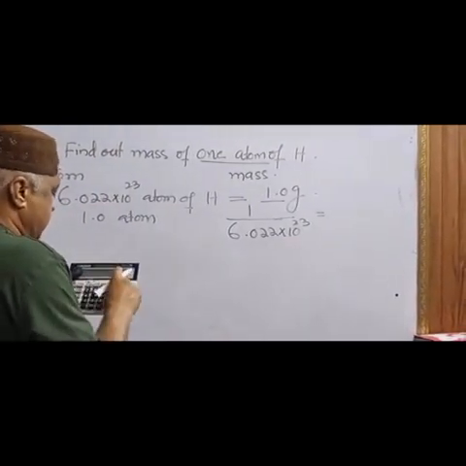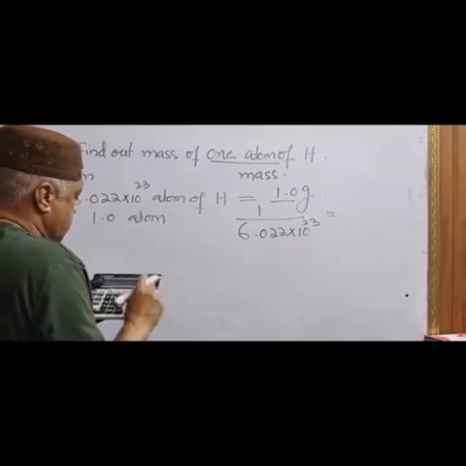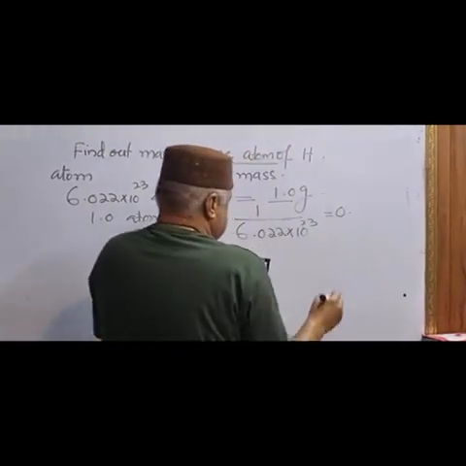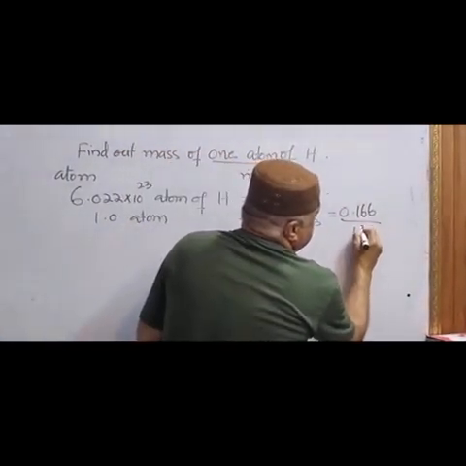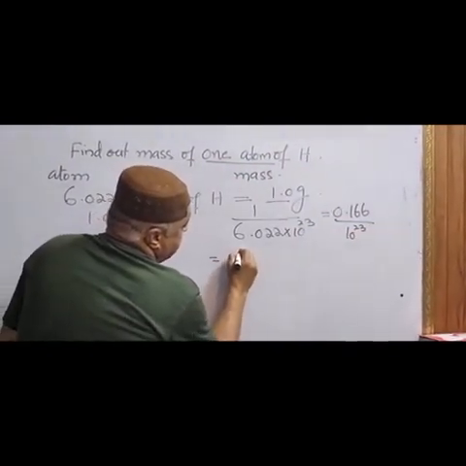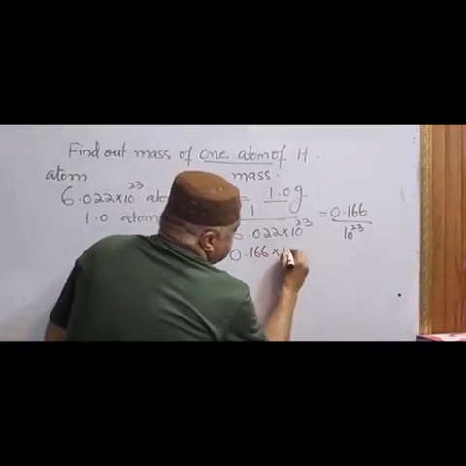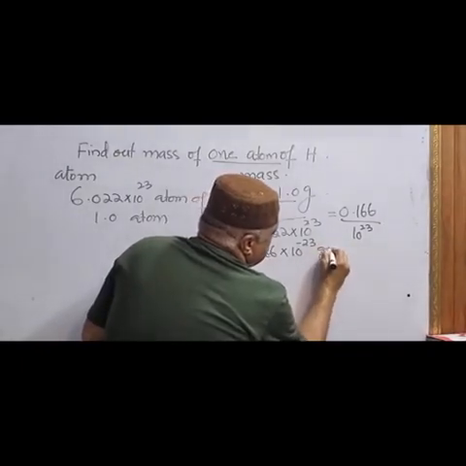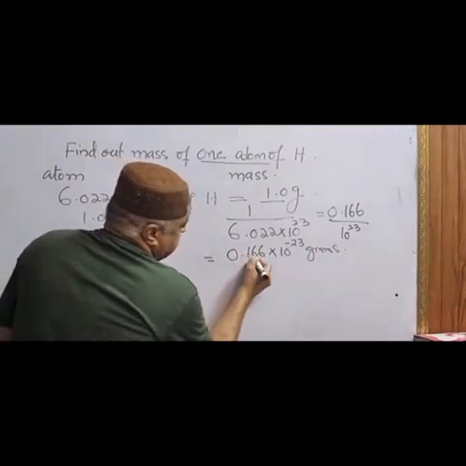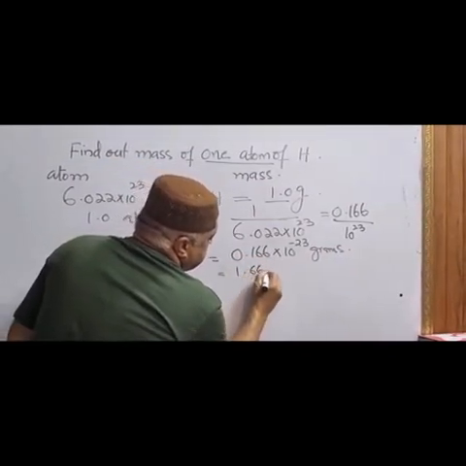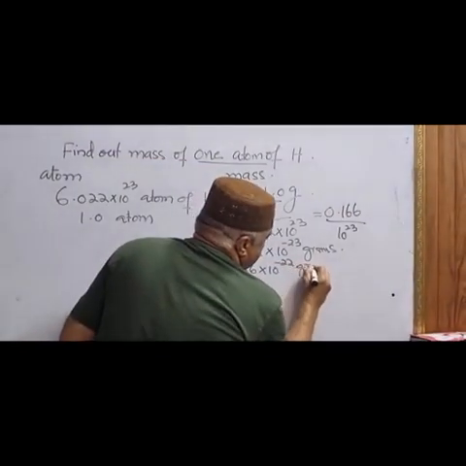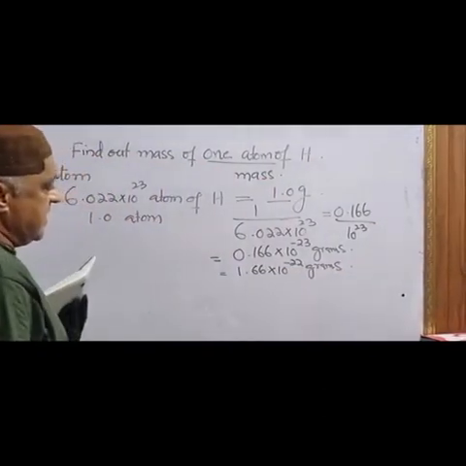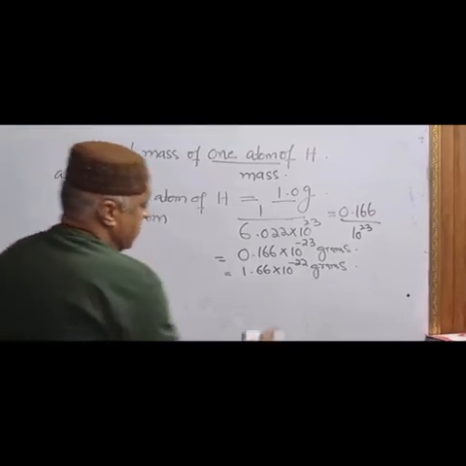So the answer of one atom will be 1 upon 6.022, which is 0.166 upon 10 raised to power 23, can be written as 0.166 into 10 raised to power minus 23 grams. If we write here 1.66 into 10 raised to power, then this will be minus 22 grams. So this is the answer. Oh, sorry, minus 24.